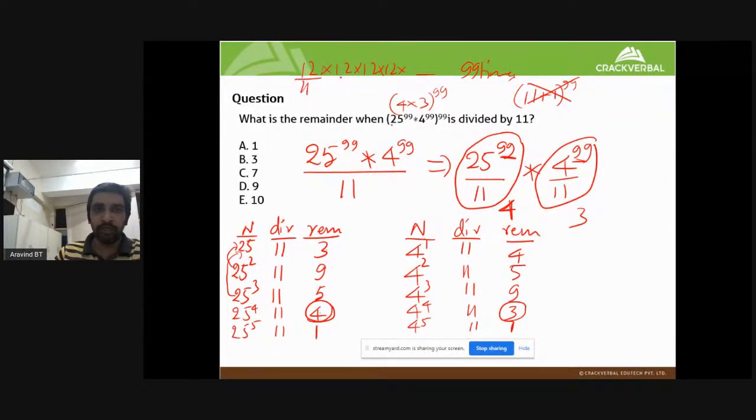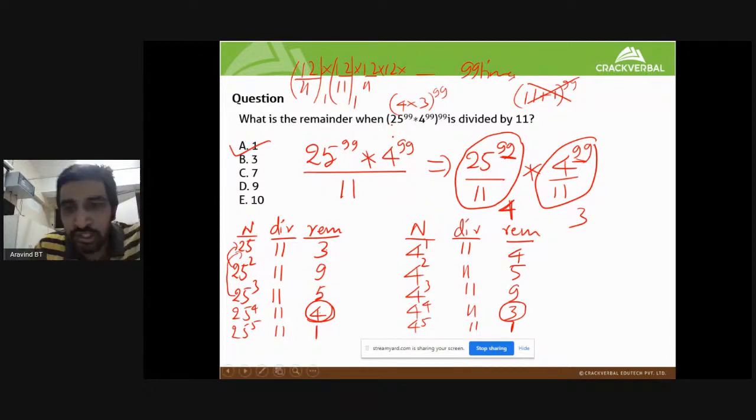Divide each part by 11, remainder rules. Each remainder will be 1. So clearly the remainder will be 1. Look out for the remainder being 1. It's a frequently tested concept. So I hope this method is clear to you now. I hope all of you were able to develop the remainder cycle and apply it. A lot of you gave the answer as A. Well done on that.